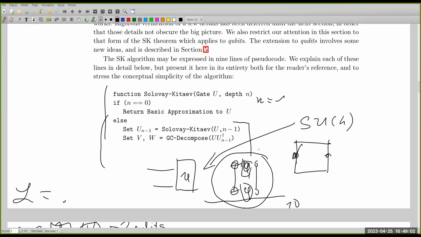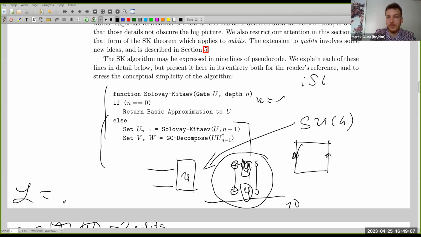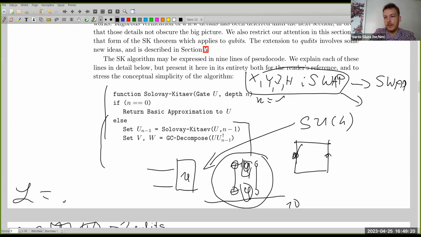One interesting case would be, for example, if in superconducting qubits we have iSWAP, and I would like to have, for example, the SWAP gate. So I would have maybe X, Y, Z, Hadamard, and so on, all possible rotations plus iSWAP, how to get a CNOT, and so on. For this, you could use the Cirac-Kraus kind of theory, or you could use Solovay-Kitaev.